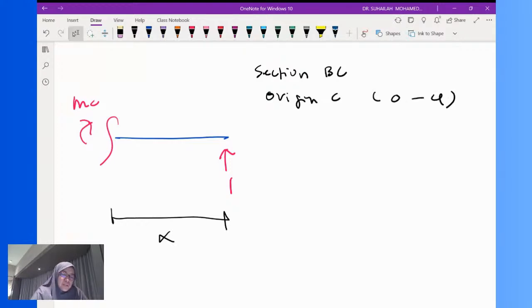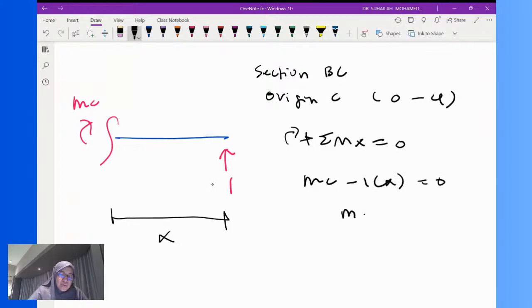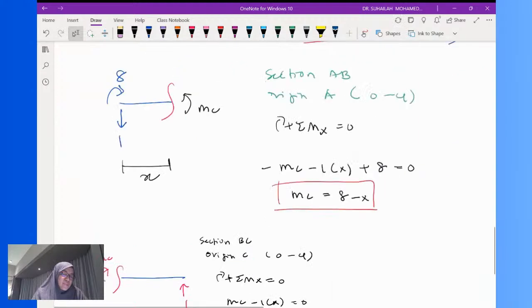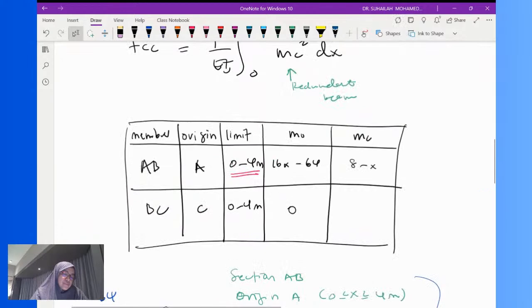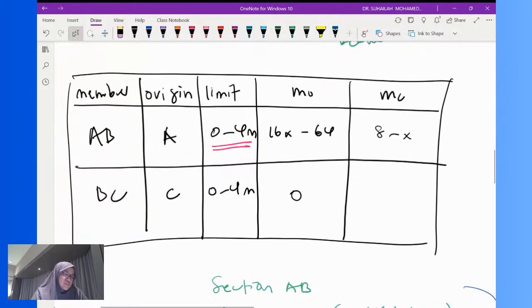Taking moment at the cutting point equal to 0, MC minus 1 times X equals 0. So MC is equal to X. So we put X in the table.